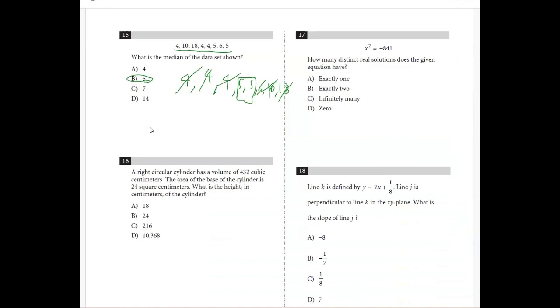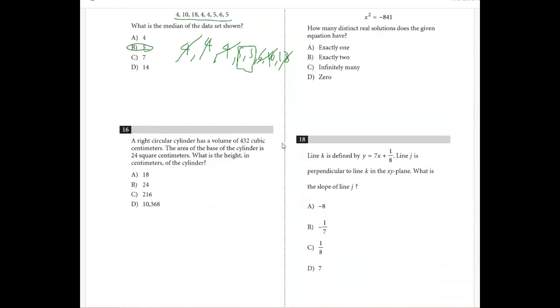A right circular cylinder has a volume of 432 cubic centimeters. The area of the base of the cylinder is 24 square centimeters. What is the height in centimeters of the cylinder? Okay, so pi r squared times h is the volume of the cylinder, and this is equal to 432. The area of the base, this guy here, is 24 square centimeters.